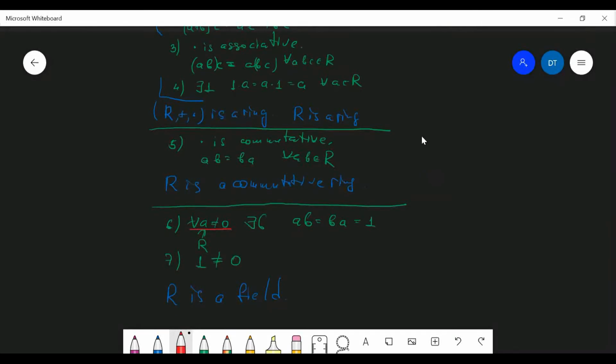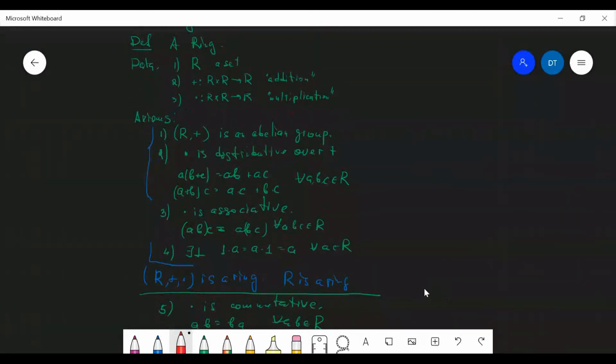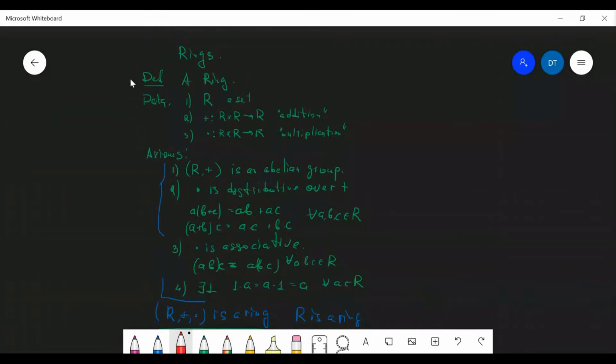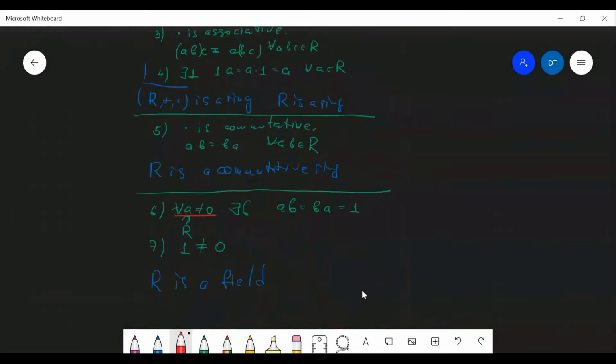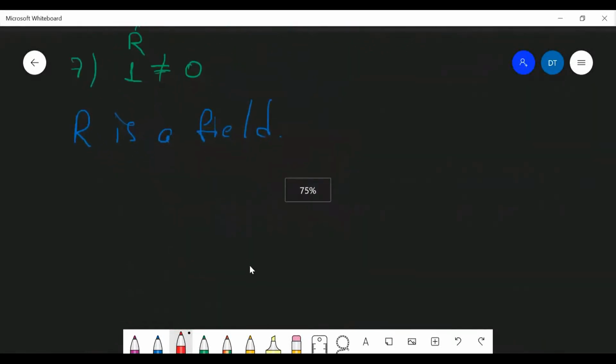Okay, there are two places where you have a difference. First of all, when you take the definition of a ring like this, there is a clear difference between plus and multiplication, because R with the plus is an abelian group, but R with multiplication need not be a group.